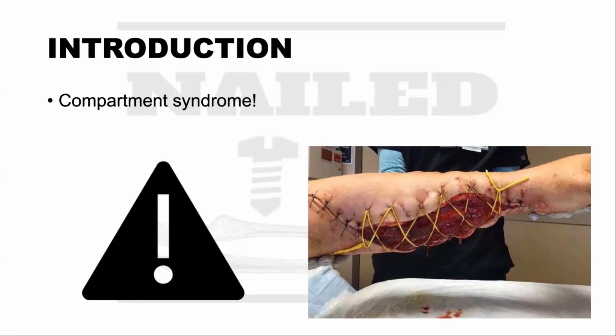On one hand, we have a condition that has serious consequences if not treated. On the other hand, we have a treatment, fasciotomy, which is very invasive and is by no means pretty, and you can see what it looks like in the right hand picture on the slide.